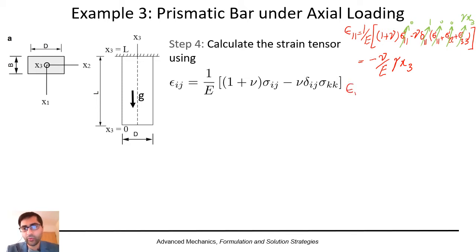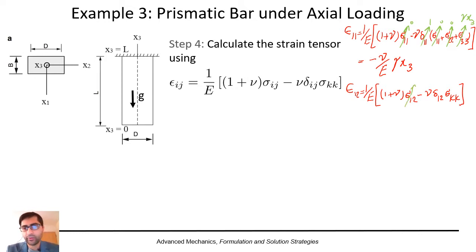For epsilon 1,2, it is 1 over E times (1 plus nu) sigma 1,2 minus nu delta 1,2 sigma kk, the trace. We've already calculated the result of that.